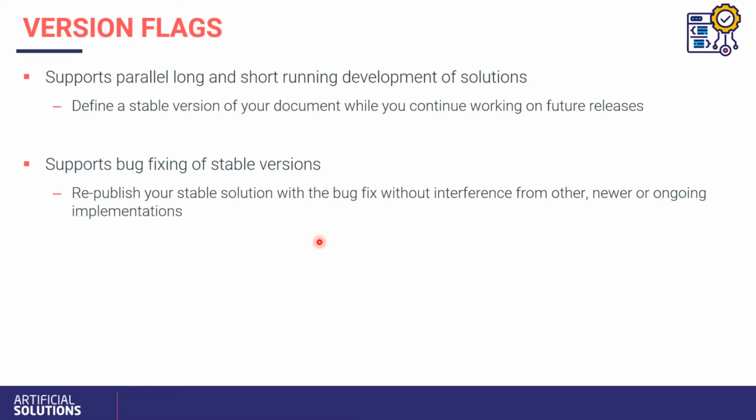Then you can do that. You can go in, you can fix that bug, you can add in that new element, test it, make sure that everything works with the stable version, and then put out a new stable version without being worried about all of the elements that you had in progress.